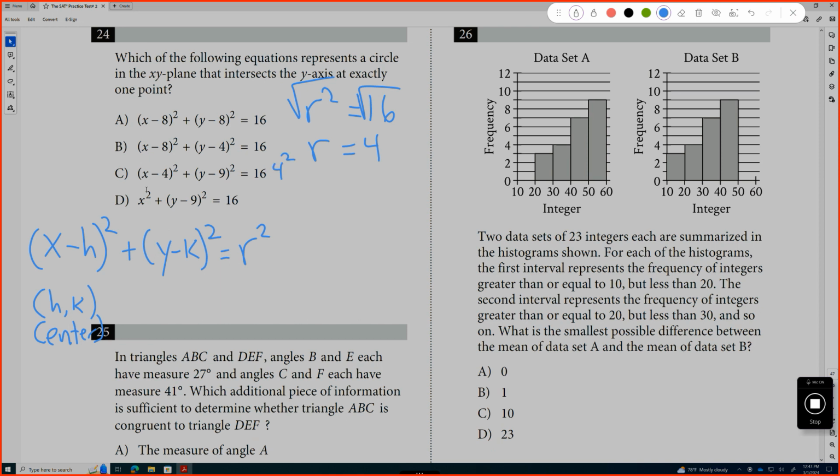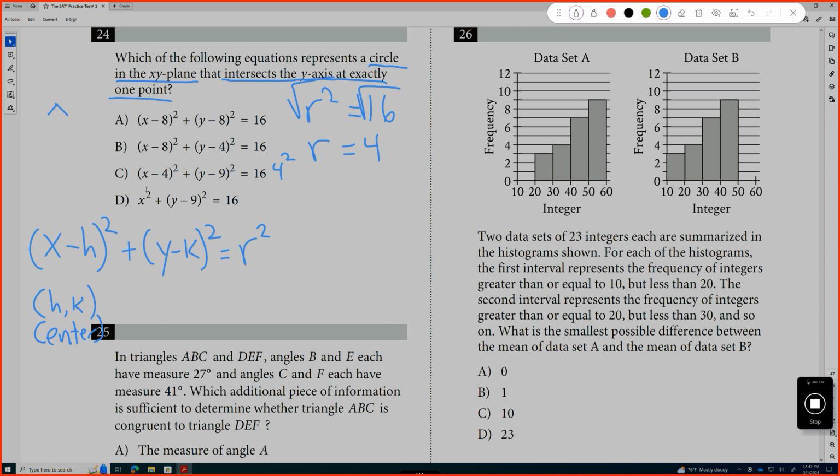Now, how do we know what the center is? Right here it says that the circle in the xy plane intersects the y-axis at exactly 1 point. Now think about this.